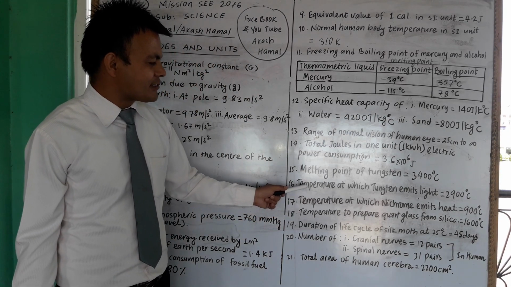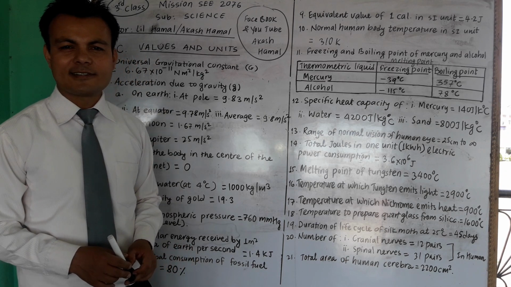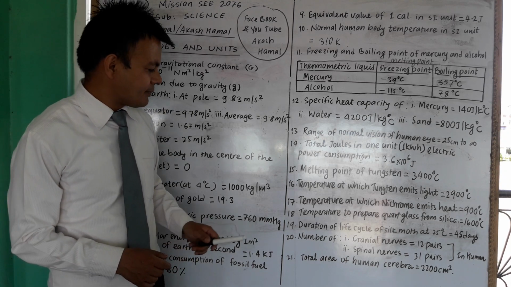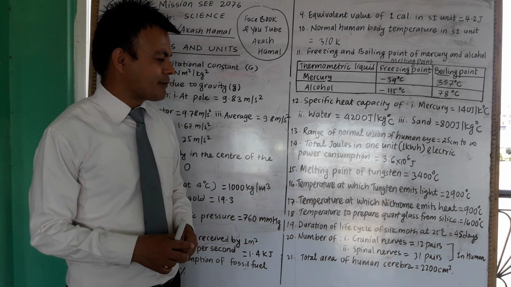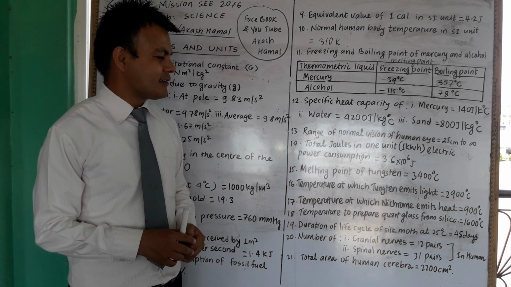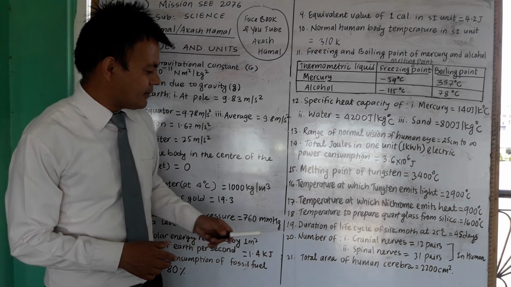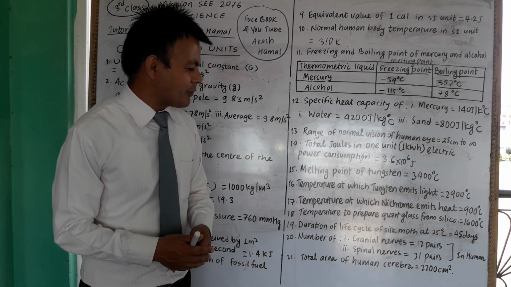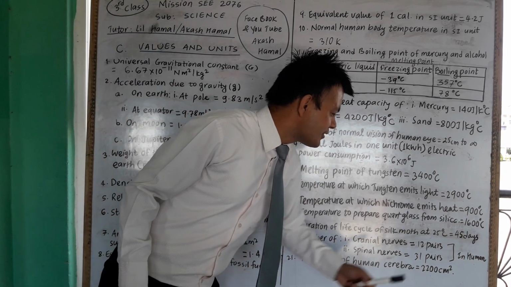The temperature at which the tungsten emits the light is 2900 degrees Celsius. Similarly, the temperature at which the nickel emits heat is 900 degrees Celsius. The temperature to prepare quartz glass from silica is 1600 degrees Celsius.